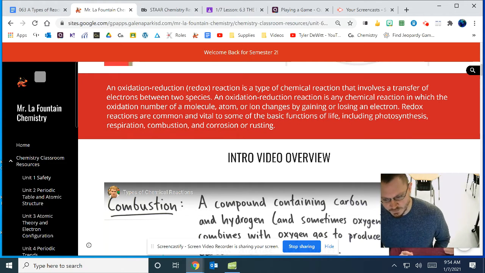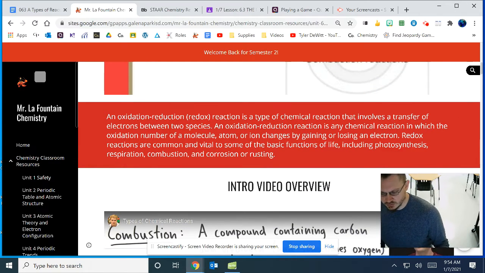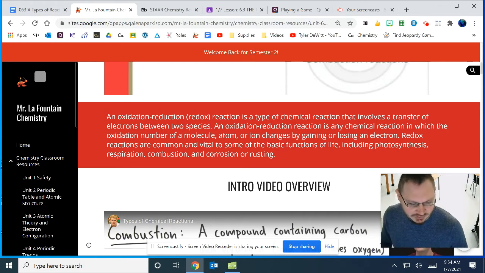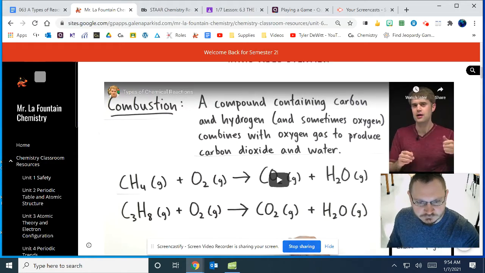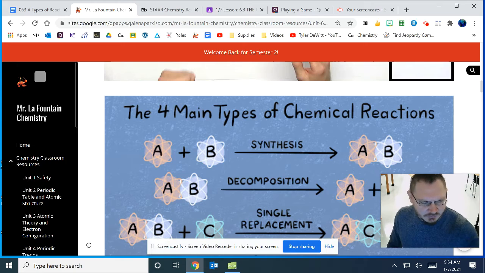So if something is by itself, it's going to have no charge, but if it's combined with something, it will have a charge. We'll be doing that in a later lesson, talking about identifying who is being oxidized, who's being reduced. Today, we're just looking at identifying the types of chemical reactions.